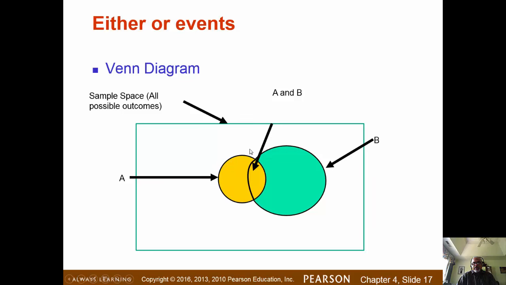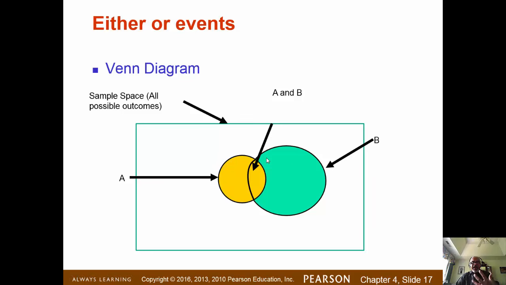That set will give you the outcomes contained in either A or B. Said a different way, this is just A, then just B, and then A and B.